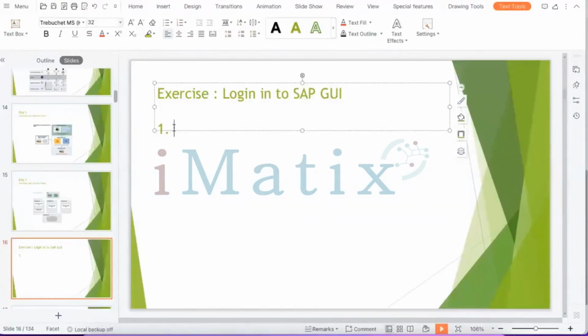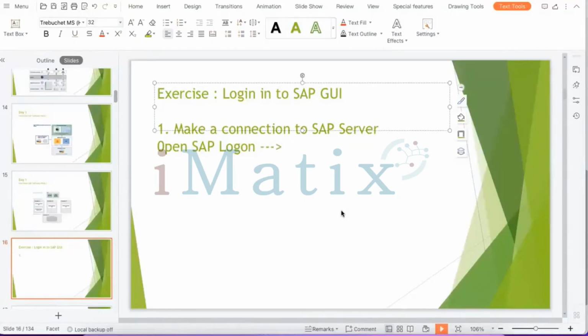First, you have to make a connection to the SAP server. Everyone is able to log in to the server. You can open SAP Logon, and then you can make a connection.